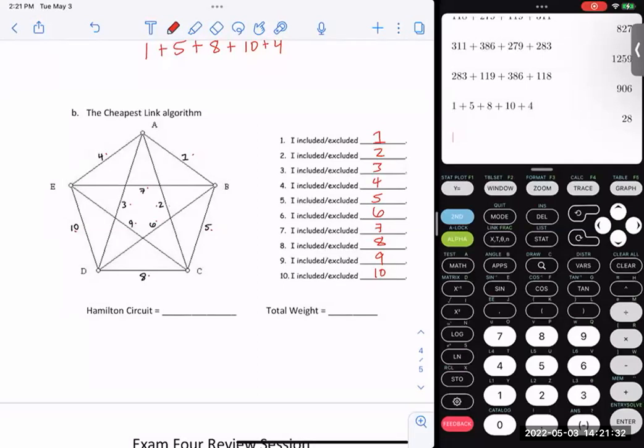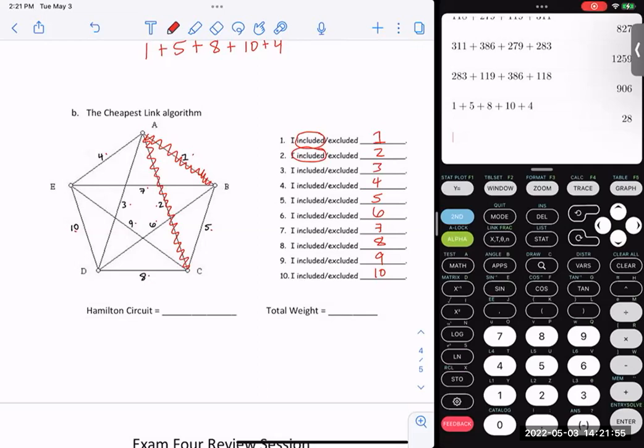This is not how I would do nearest neighbor though, right? So can I include 1? Yes, I can. Typically, I can always include the first 2. So I can also include 2. In this case, they happen to be connected, but even if they weren't, that's okay. They don't have to connect right now, as long as they connect at the end.